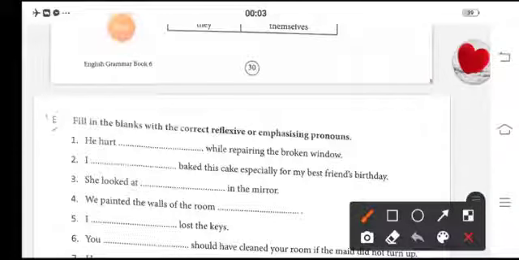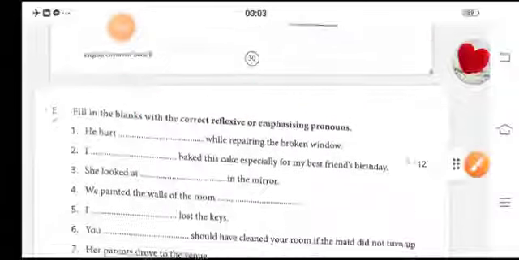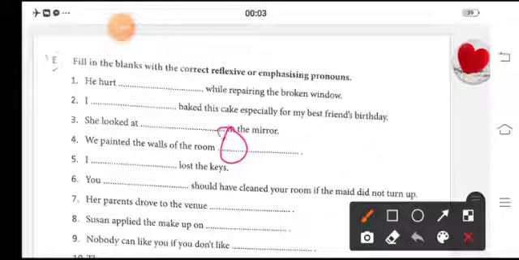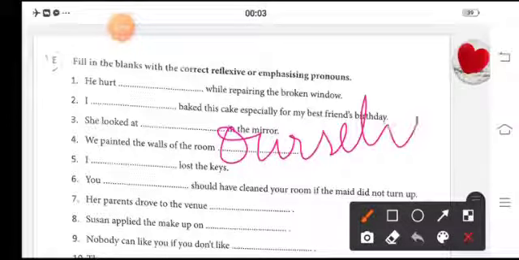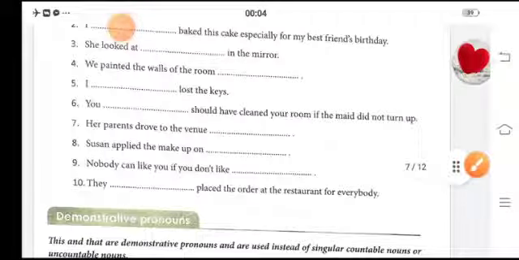He hurt himself. Then, I myself baked the cake specially for my best friend. She looked at herself. We painted the wall of the room ourselves. Ourselves, because we are plural. I myself lost the keys. You yourself should have cleaned.